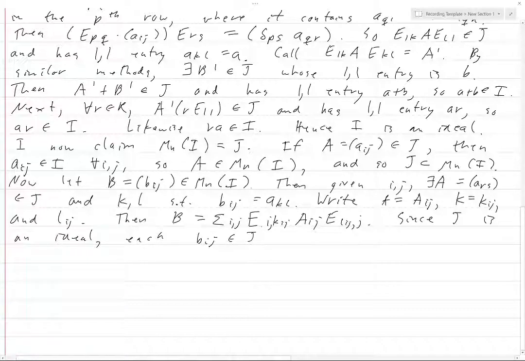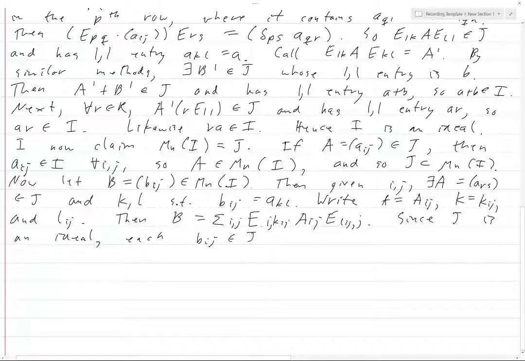What? A is an ideal of M and R, so it doesn't make sense for this product to be an element of J. Oh wait, yeah, it does. Because, oh yeah, this is just matrix multiplication.